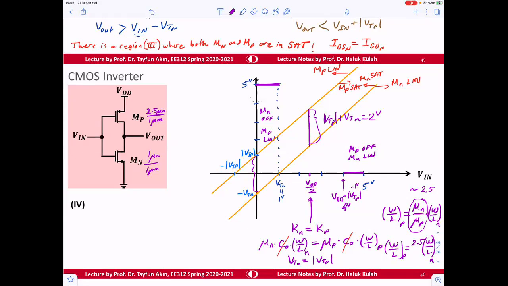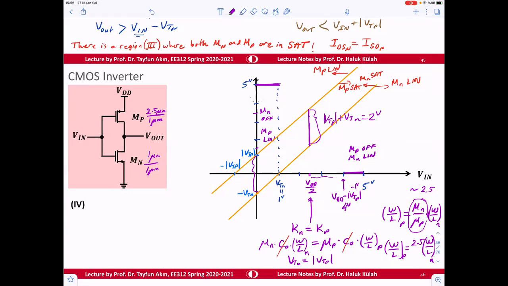Therefore this point is going to be 1.5 volts, and this point is going to be 1.5 volts.